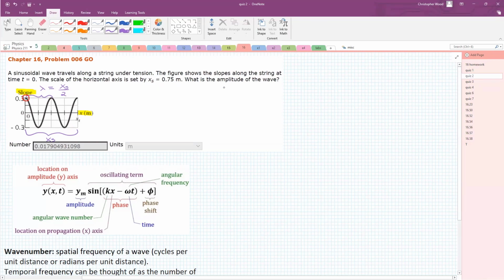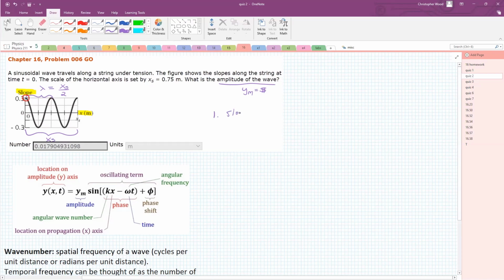The question is, what's the amplitude of the wave? This question is saying Y sub M equals $. Okay, that's what we're after, so let's get to work. Number one, I'm going to start with slope.